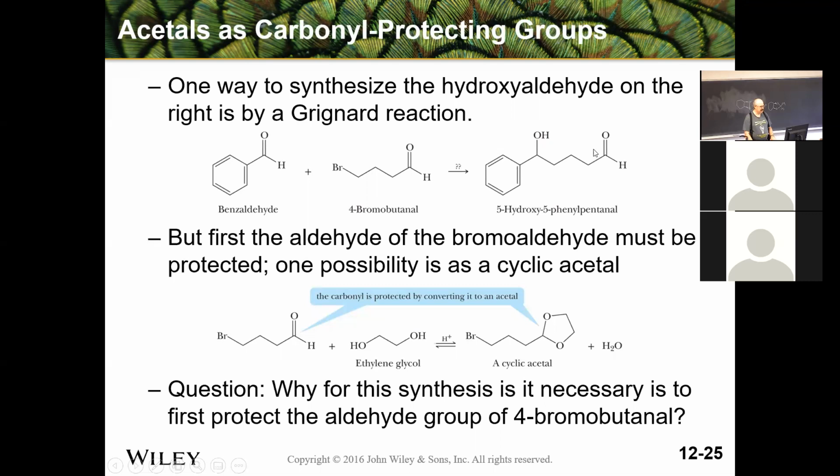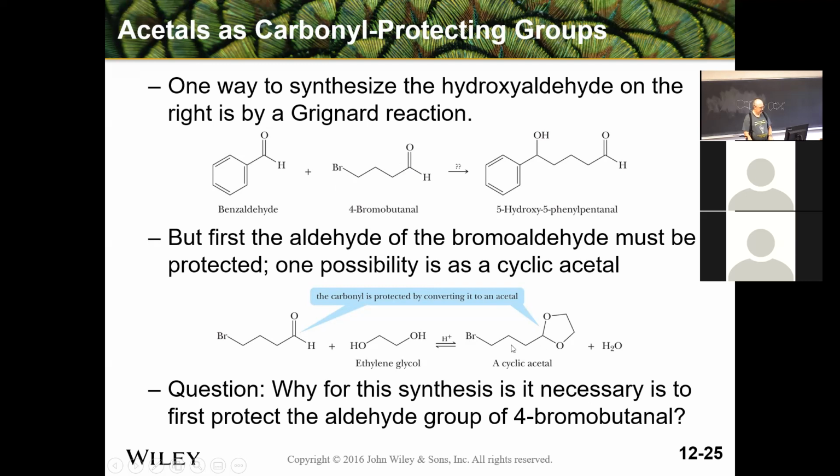Okay, if this is the compound that we wanted, okay, it would not work to make a Grignard from this 4-bromobutanol and then attack, because we have another carbonyl which would interfere.